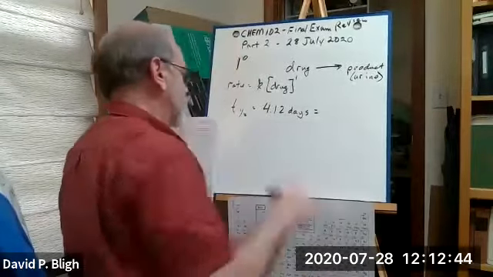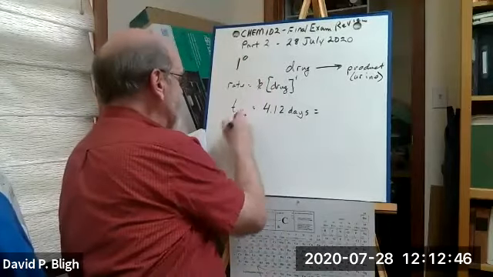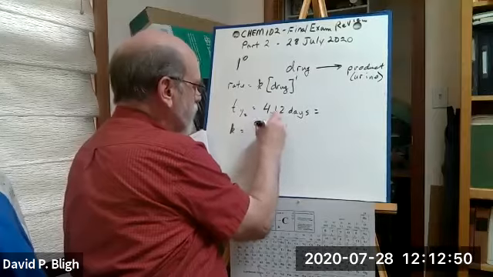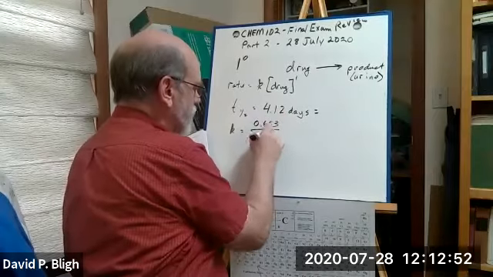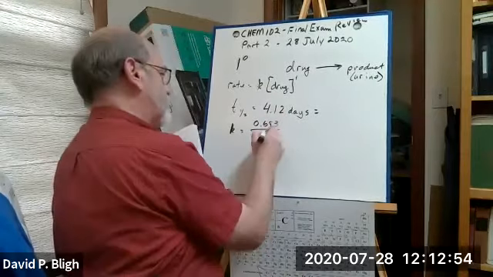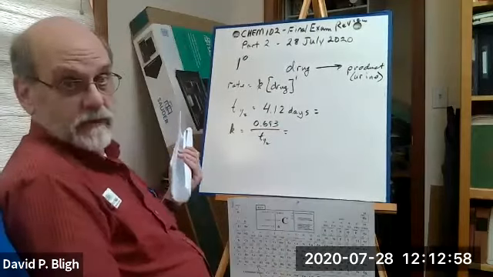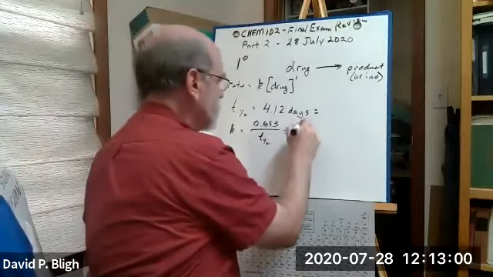That's the half-life. And this k is equal to 0.693 divided by T1/2. There we go. Okay. So we can find out what k is, right off the bat. Just plug in the numbers.